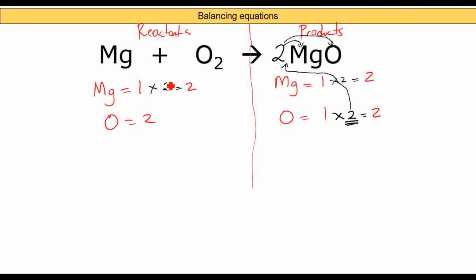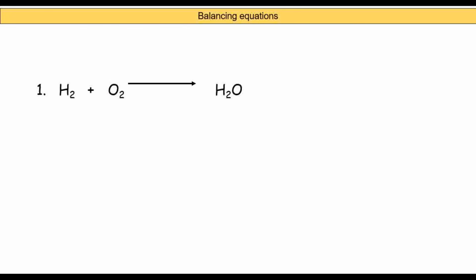You take that 2 that you're timesing it by, not the answer, and you put that in front. And then you do a final check. 2 magnesium on the left, 2 magnesium on the right, 2 oxygen on the left, 2 oxygens on the right. Equation is balanced. Too easy.